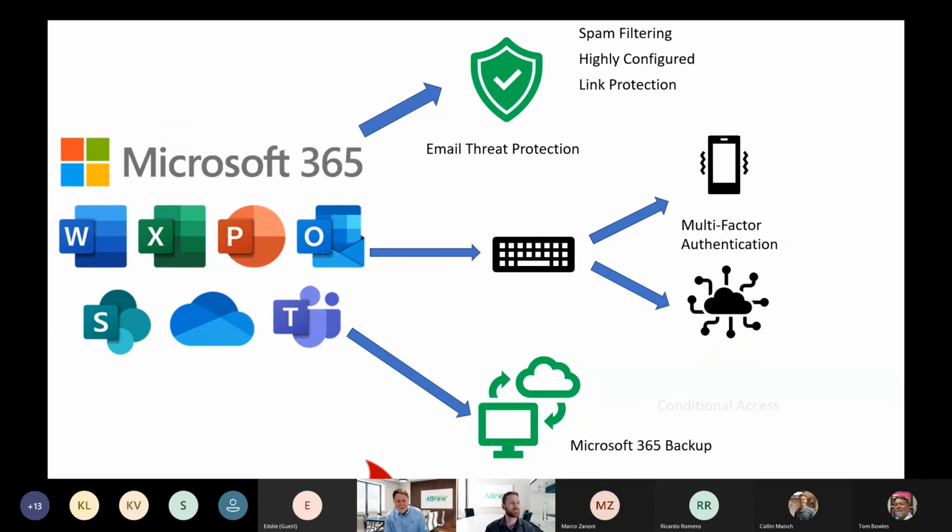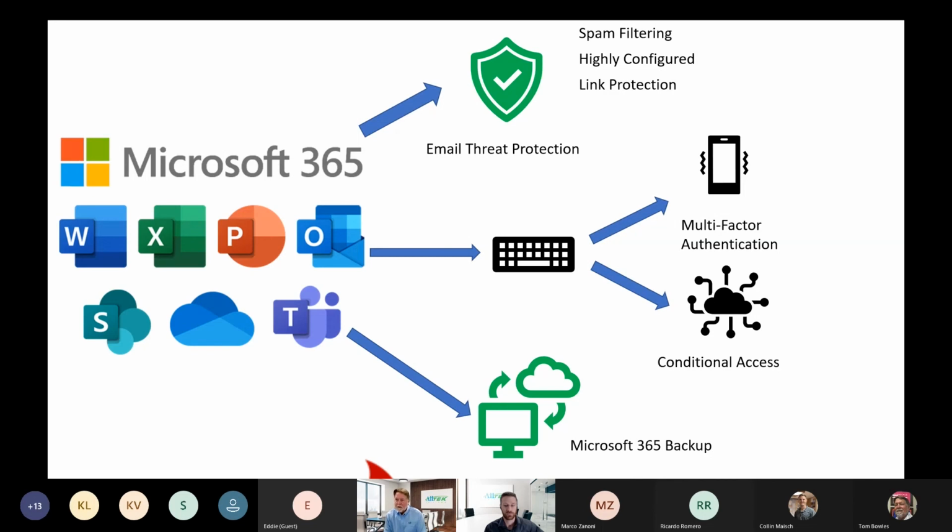And again, there's one with Microsoft 365. This is really more of a configuration item. It's not an additional purchased item. It's called conditional access. And what this was really saying is who can log into your web-based application, Microsoft 365, from where.